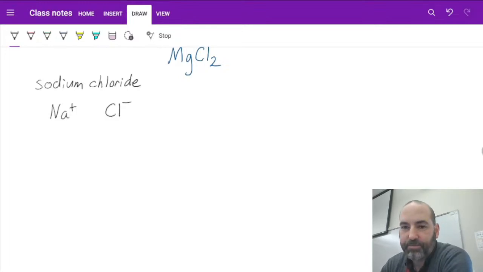We already saw that one. All right, so then the question is, how do we make a compound of those two? Well, we do it in a 1-to-1 ratio, because this time we have +1 and -1. So we don't need to adjust the numbers to have an overall neutral compound, and so the formula would be NaCl.